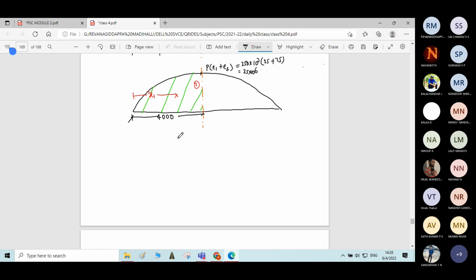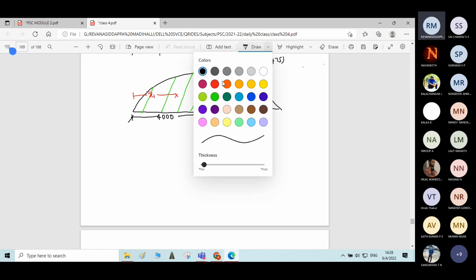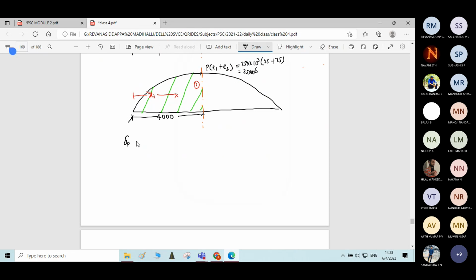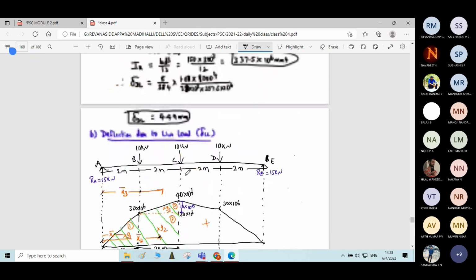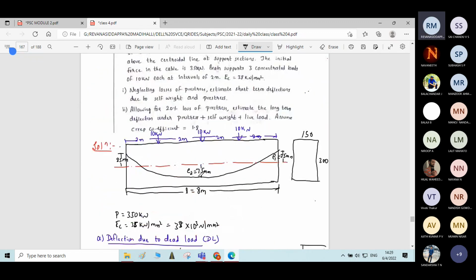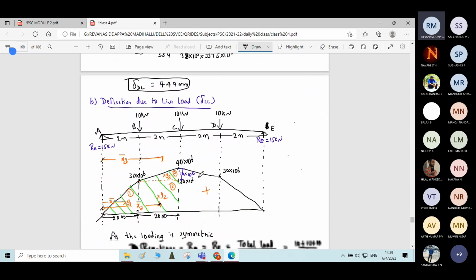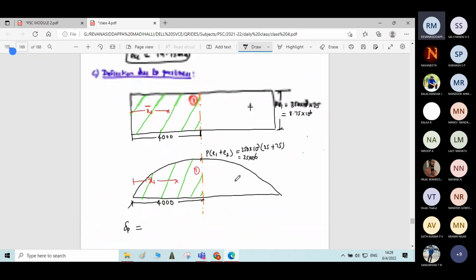Now we can find the deflection using these diagrams. Deflection due to prestressing force is equal to. So what about the sign here? See, the portion of the cable at the midspan is below the central axis. So the sign is negative here.